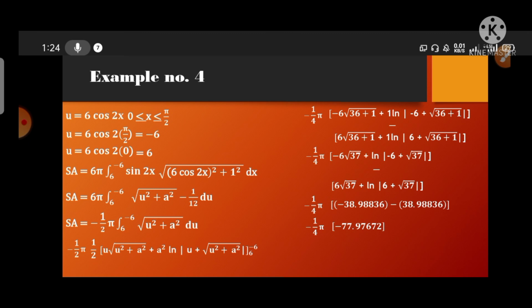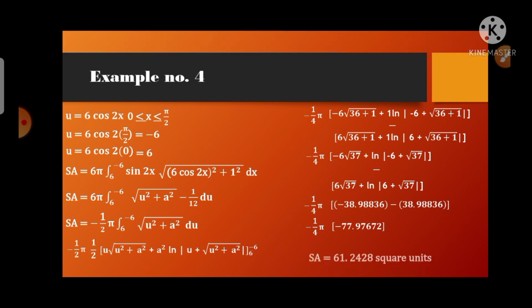So negative 1/4 pi times negative 77.97672, because negative 38.98836 minus 38.98836 is equal to negative 77.97672. So multiply to get the surface area.